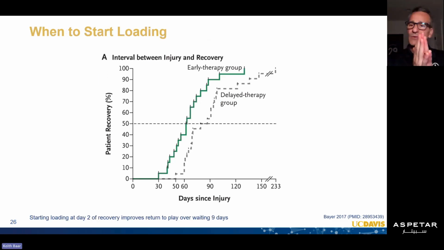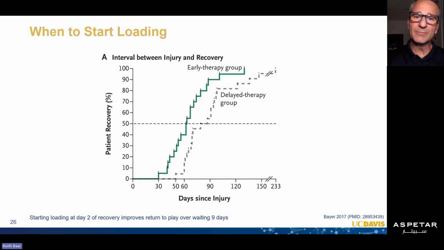So if we do have a small injury to our tendon or a big injury to our tendon, when should we load? Well, this is work out of Michael Kerr's group, the best group in the world for musculoskeletal connective tissue rehabilitation. Michael is an outstanding sports medicine doctor. He looked at patient recovery when he started loading 2 days after injury, that's the green line, or 9 days after injury, that's the dotted line.